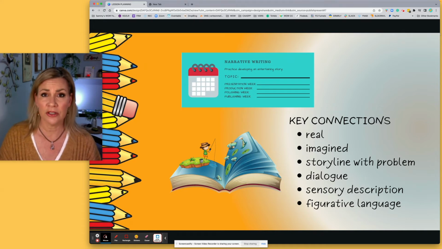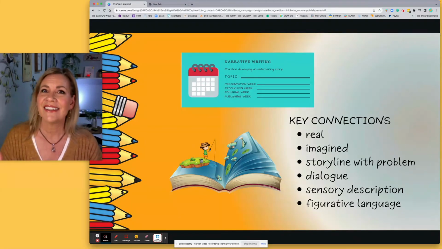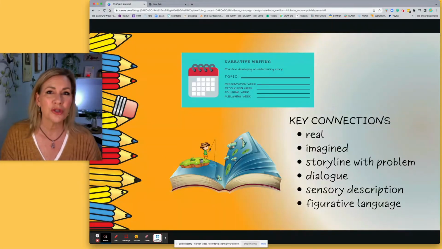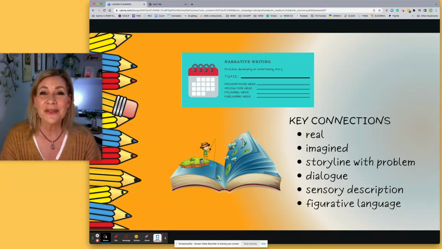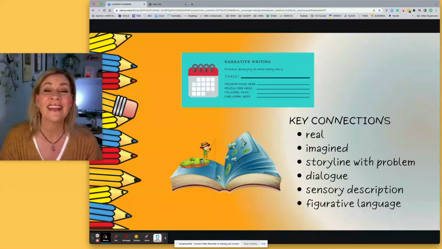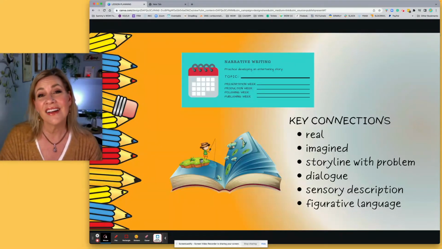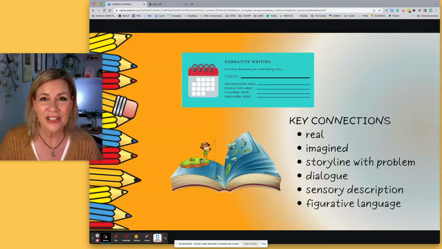You want to make sure, no matter what, any story that your child writes has a storyline, and that storyline must include a problem. So this is the story arc, all of those pieces. Don't forget dialogue. A lot of students will write an entire story and never have dialogue, but dialogue is key to connecting with your reader, as is sensory description.